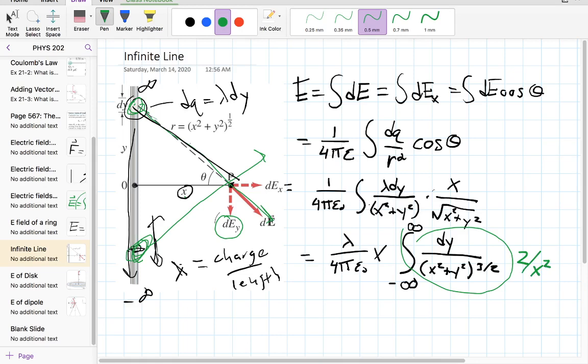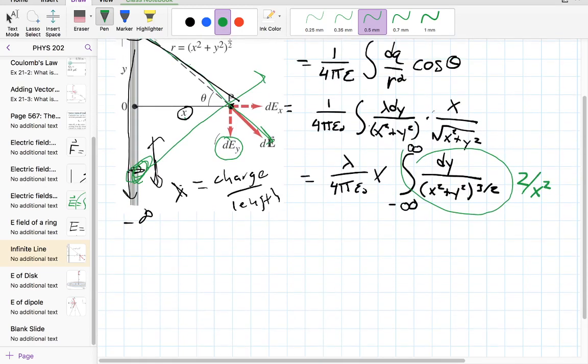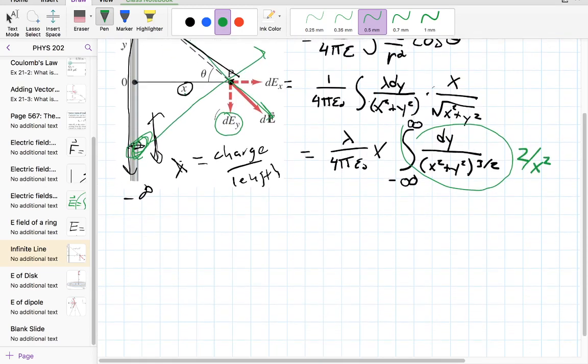So that makes this whole thing, what do we got left? We've got 1 over 4 pi epsilon naught times x times 2 over x squared, which is equal to 1 over, where'd my lambda go?